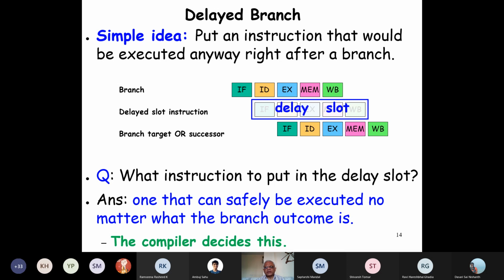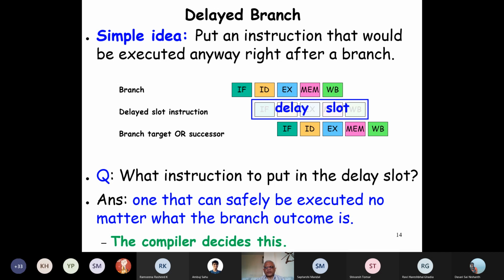So by the time those instructions are executed, we know the outcome of the branch and the correct instruction can be fetched.